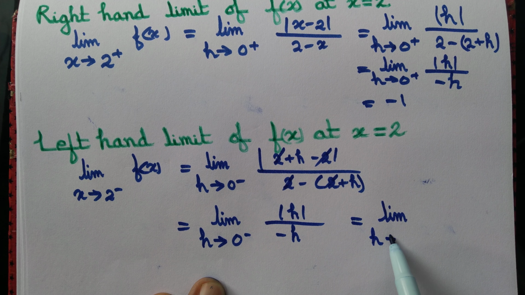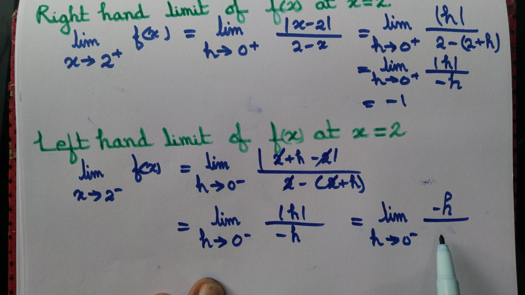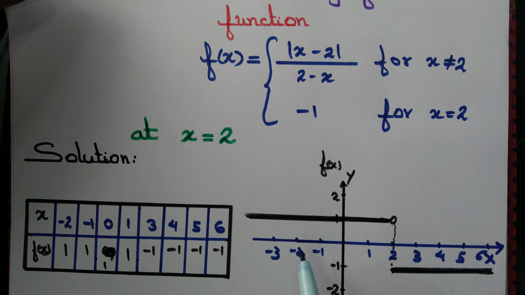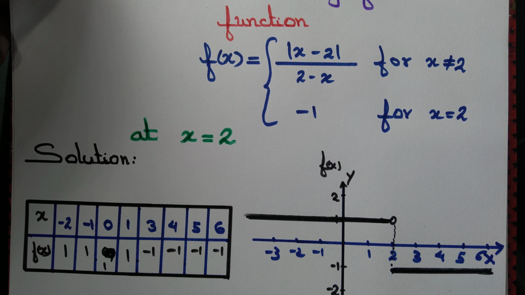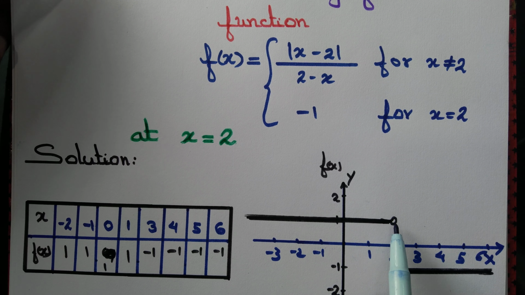So this is limit h tends to 0 minus of minus h divided by minus h, and that turns out to be 1. If we look at the graph, as I move x nearer to 2, I tend to get f(x) nearer to plus 1.